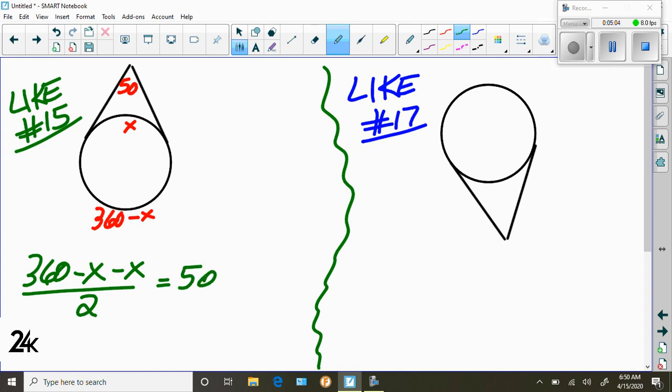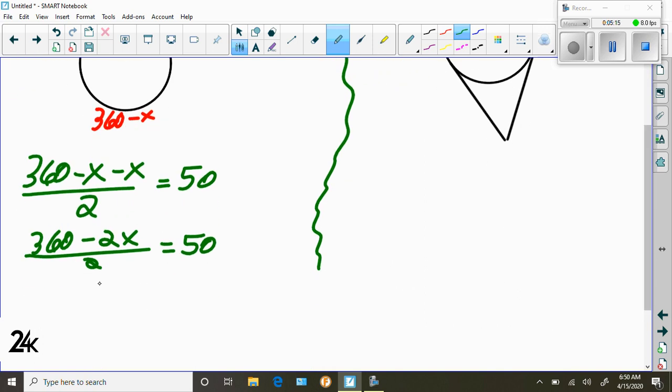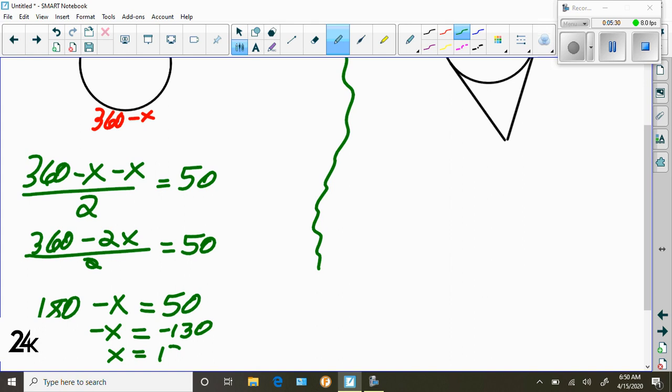So it's 360 minus 2x all over 2 equals 50. Wait a second. That's 180 minus x equals 50. Negative x equals negative 130. X is regular 130, positive 130.